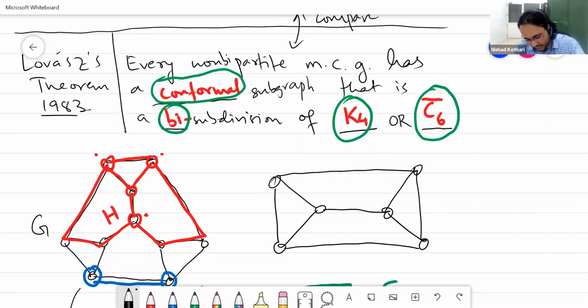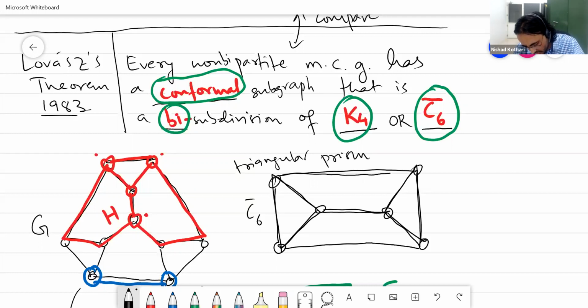And this graph is called the triangular prism. Right? You have two triangles joined by a perfect matching. Okay? The reason for this notation is it's a complement of a 6 cycle.